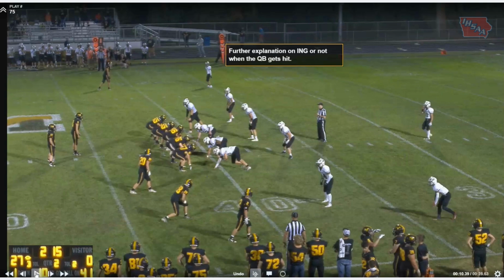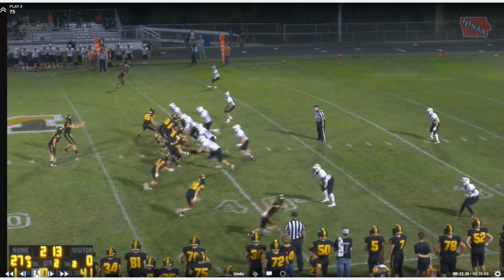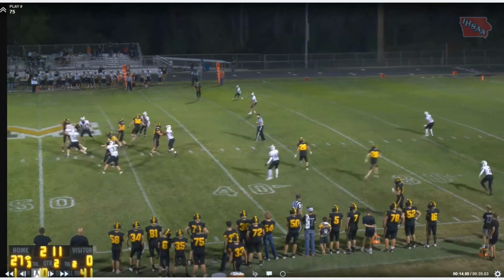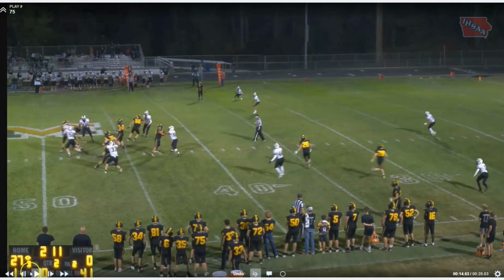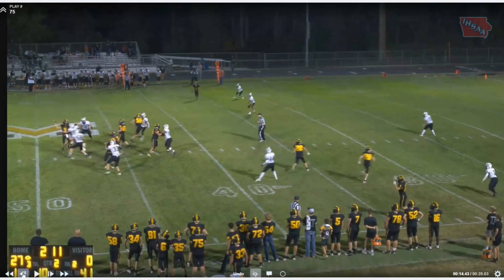So, it really boils down to when he gets hit by the defender. If you can see on this play, he starts to get hit by the defender before his arm starts going forward. So here's the philosophy behind this, and this is through all levels of football.